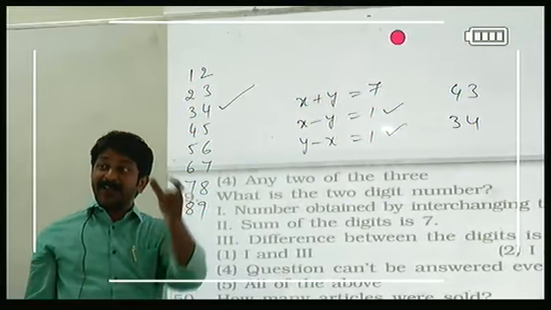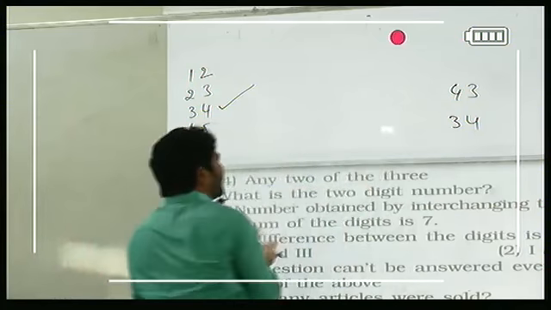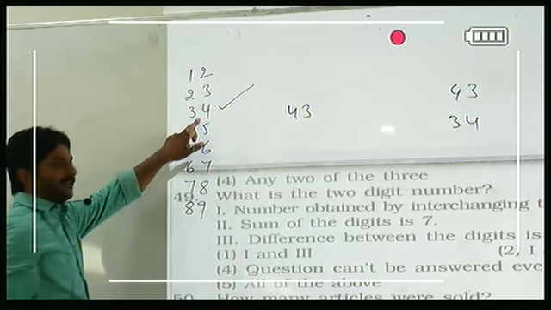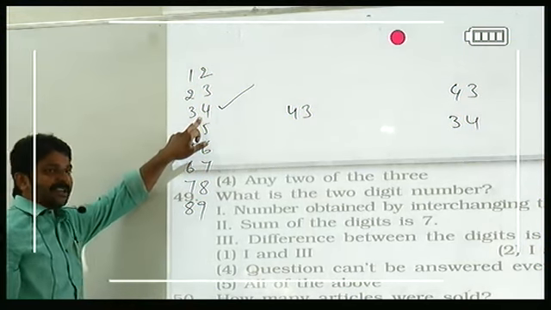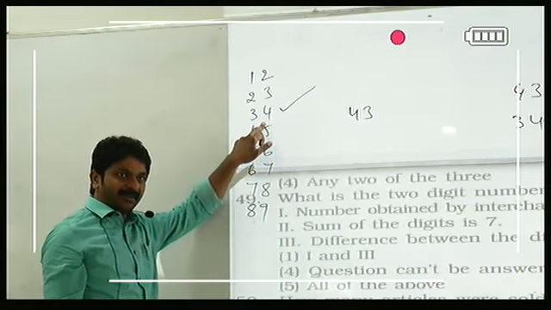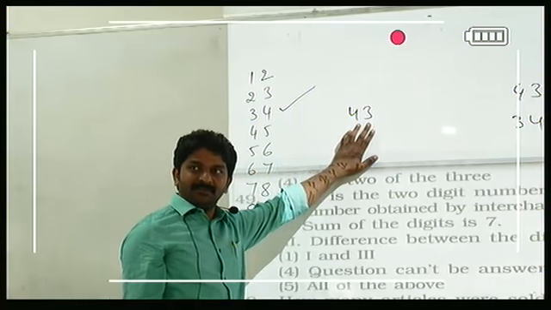So the original number should definitely be less than the number obtained by interchanging the digits. Hence, 43 will not come into the picture. Your number is 34. If you interchange it, you will get 43. So the interchanged number is more than the original number. 34 is the right answer.